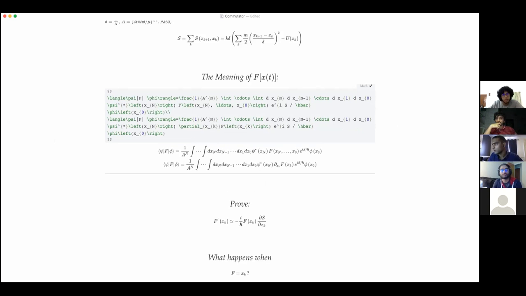Yes, exactly. Now if I integrate by parts, it equals minus... If you wanted to do this more slowly, you could write this as 0 minus something, 0 being a total x_k derivative of everything.